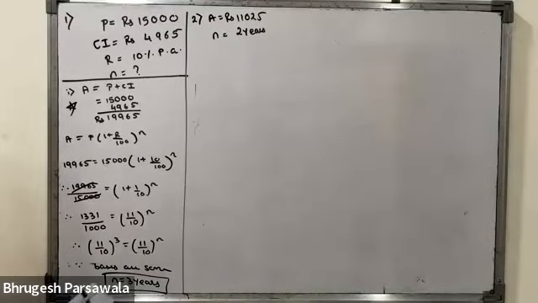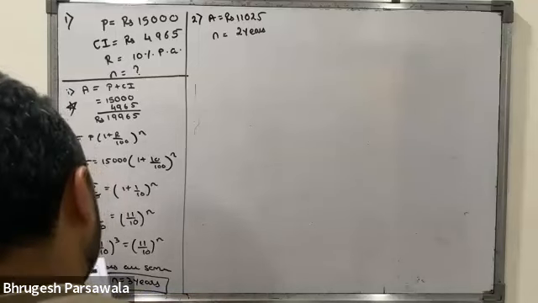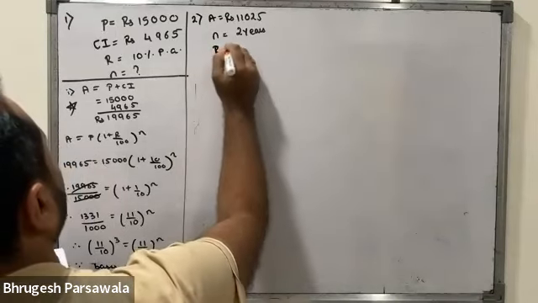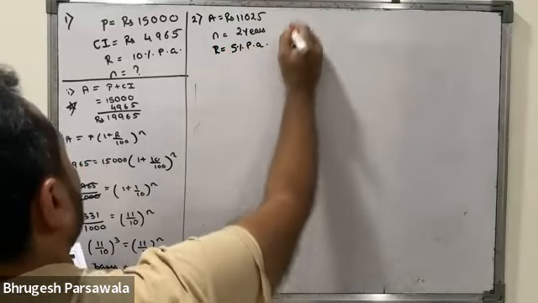What sum of money will amount to rupees 11025 in 2 years at a rate of 5% per annum compound interest?